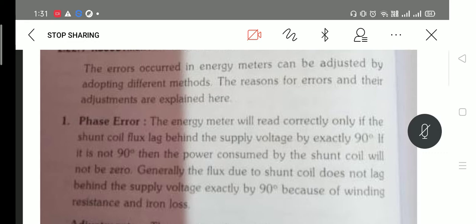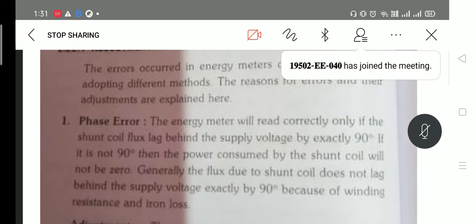That is a phase error. If it is exactly 90 degrees it will be efficient, otherwise it is not good. So if we get exactly 90 degrees phase in the shunt coil, then only it will be efficient. So we can avoid this phase error.